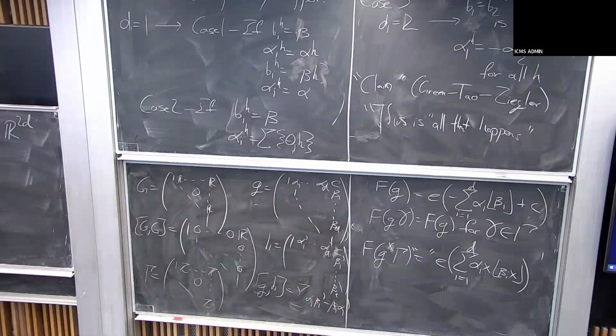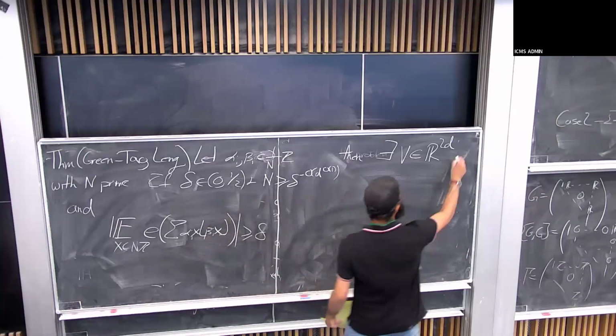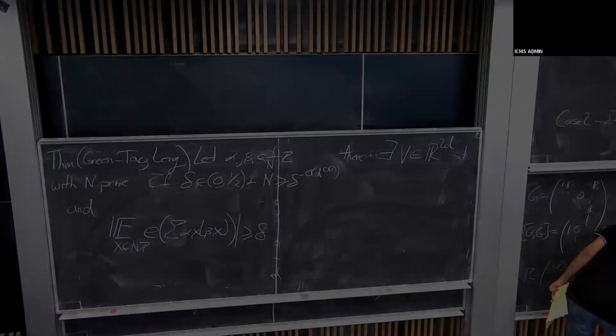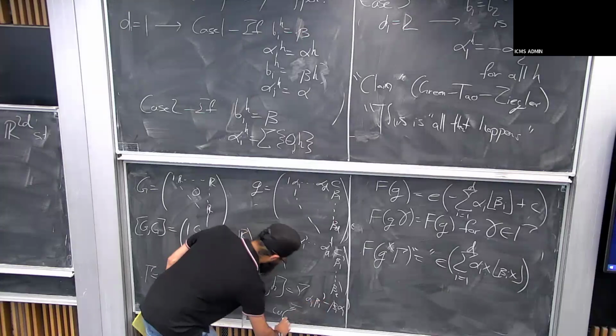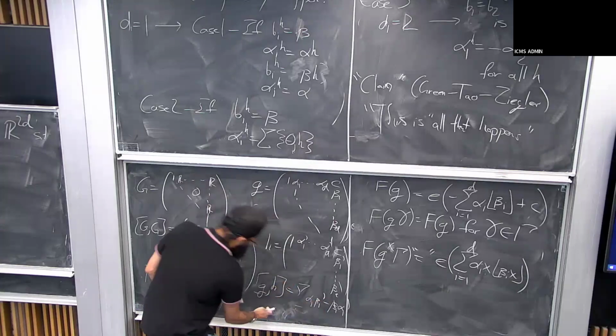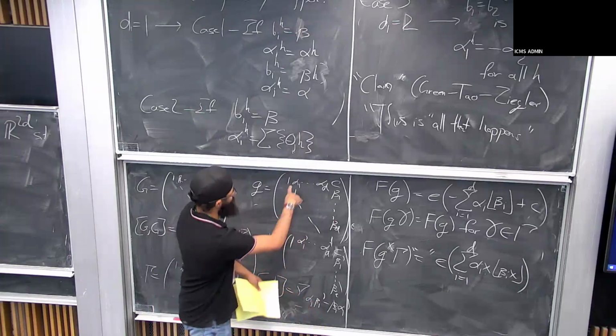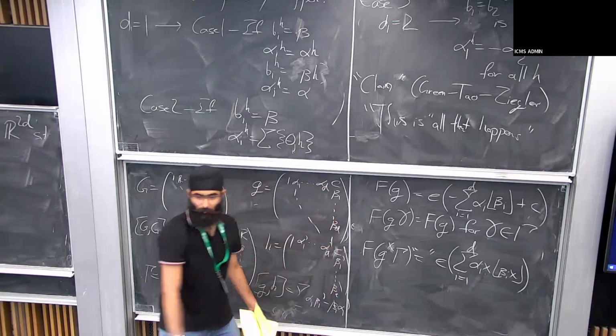Okay, so there exists V in R to the 2D such that, so okay, I'm also just going to write this as the commutator of, so this is some bilinear form in the non-prime variables and the prime variables.